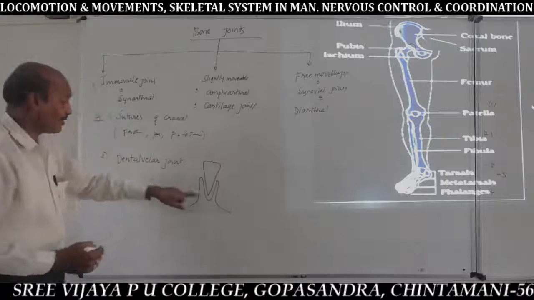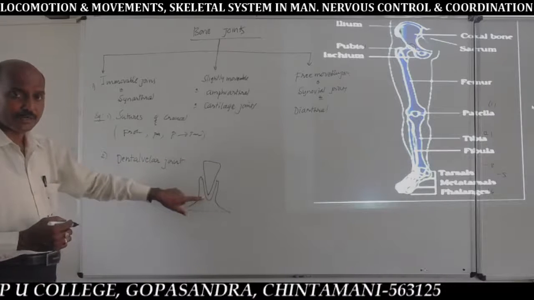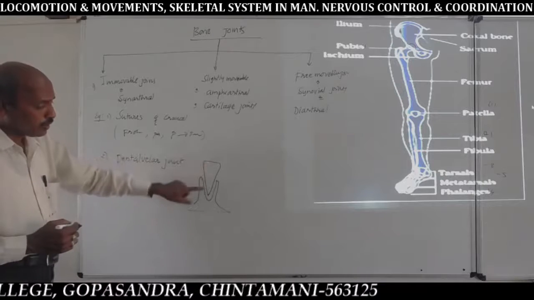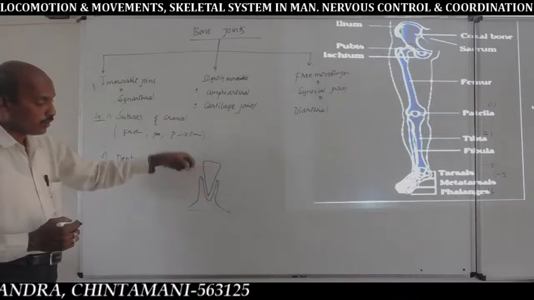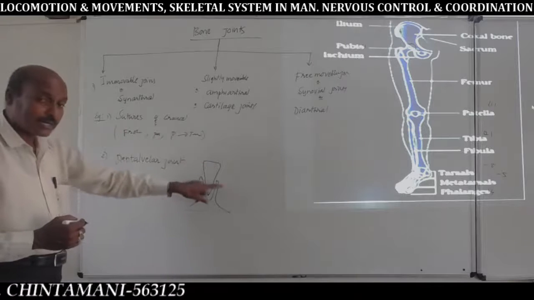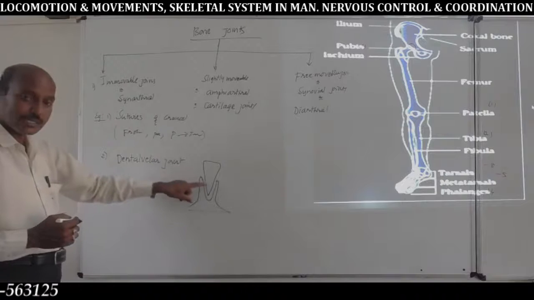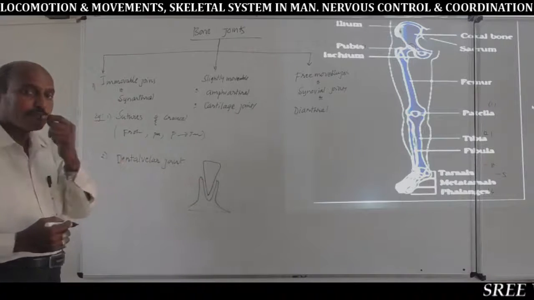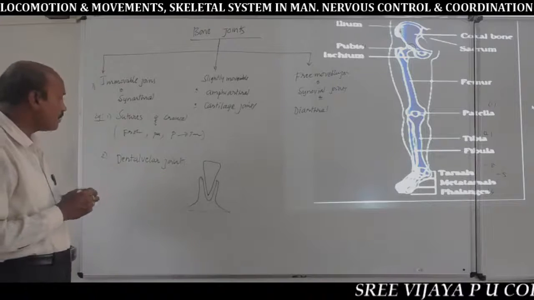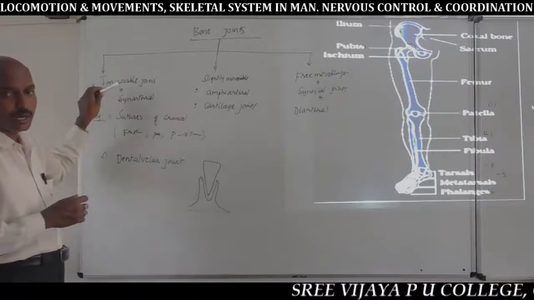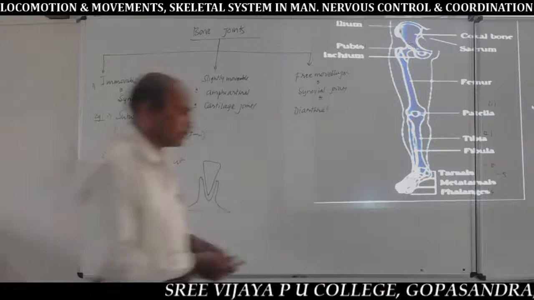You should remember this statement: the tooth fixed in the socket of the jaw is the dentoalveolar joint. This is also one type of immovable joint. So there are two examples of synarthral or immovable joints, like sutures of cranial bones.